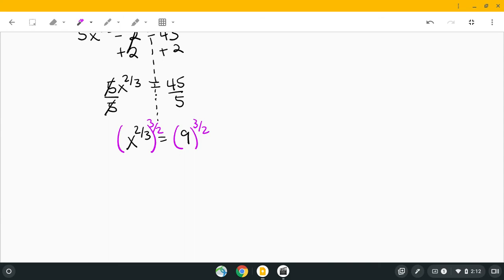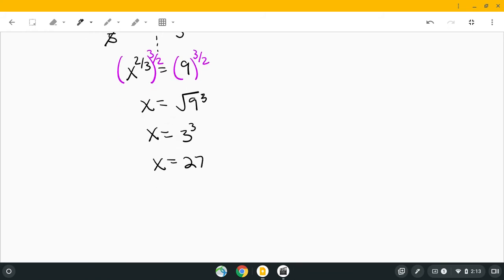And remember, when you have a power to a power like this, you multiply the powers and you end up with 6/6, which is 1. So x to the first power equals, and then this one here, you can think of it as the square root of 9 to the third power, which is 3 to the third power, and so x equals 27.